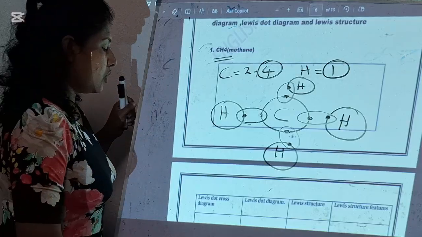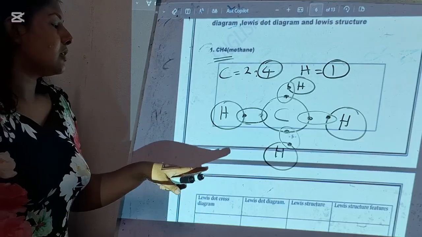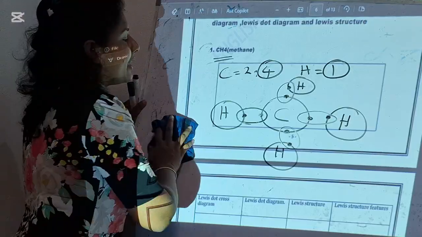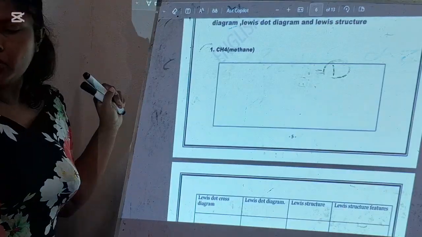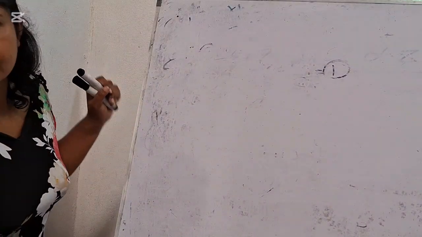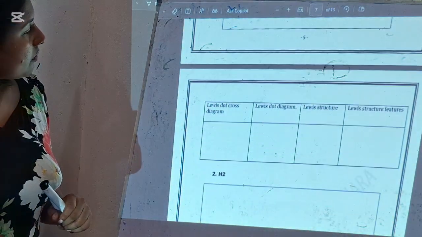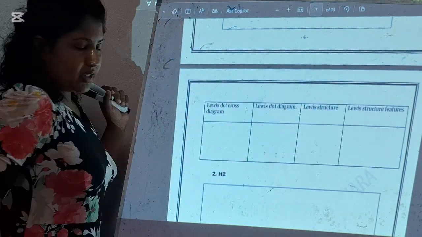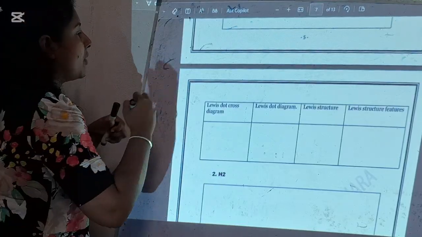Then we make the Lewis dot cross and Lewis structure. Shall I clean the board? Then we are moving. If we move to this place, I need the previous diagram, so I am drawing it.